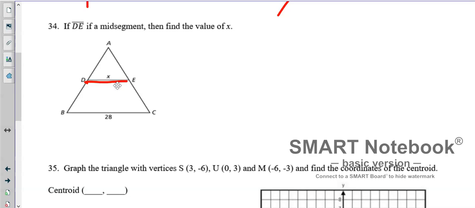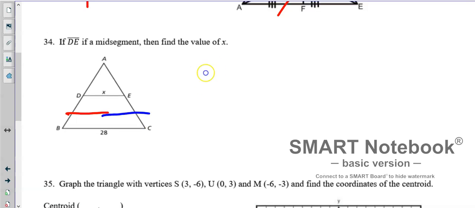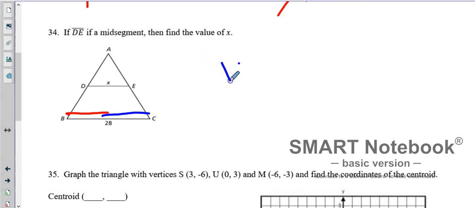Like half the class. That's ridiculous. This is half of that. You can literally see it smaller. So, whoops, x is 14. It's half of it.